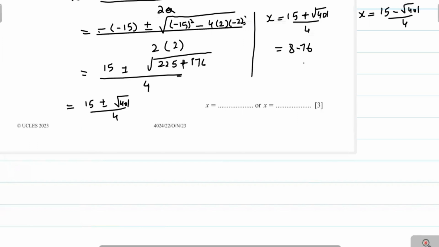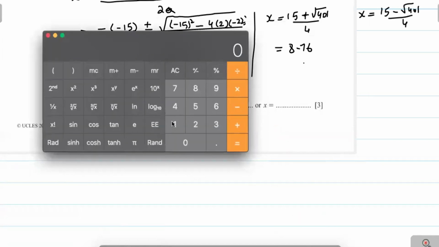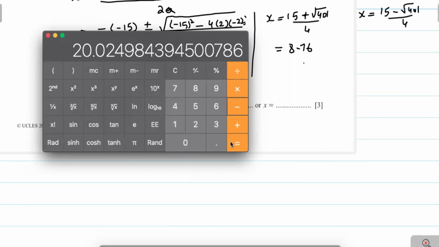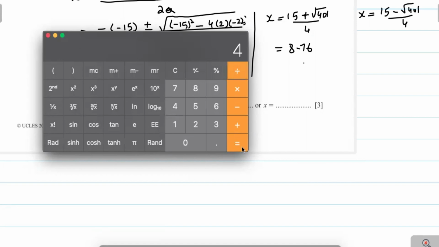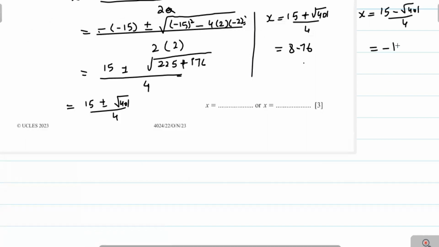And the next value we can find: 15 minus the square root of 401, that value is minus 5.02, divided by 4, and this value equals minus 1.26. So 8.76 and minus 1.26, this is the answer.